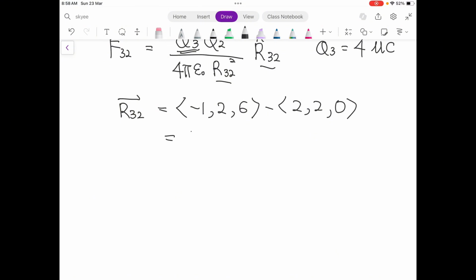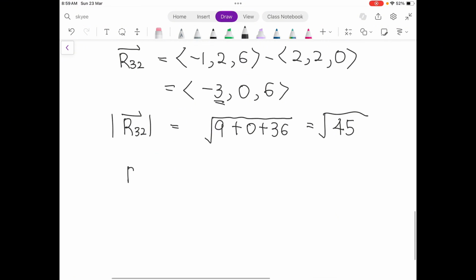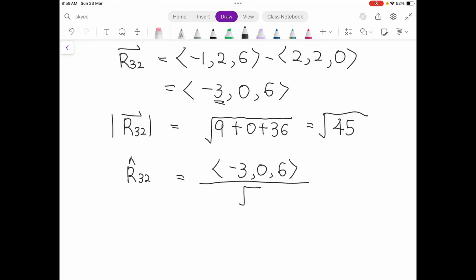You get this distance vector -3, 0, 6, and the magnitude is 9 plus 0 plus 36. I square them, so it is square root 45. And this unit vector R32 is equal to -3, 0, 6 over square root 45.